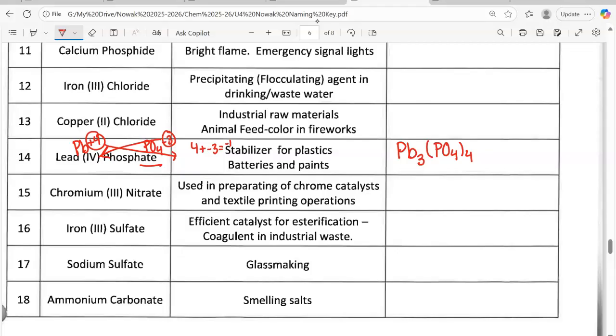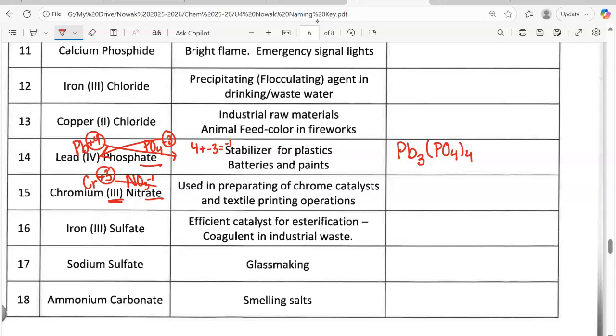Let's do another one. Chromium is Cr on our periodic table. This is telling me it has a +3 charge. Nitrate ends in ATE, not IDE, so that means it is a polyatomic ion. Nitrate is NO3 -1. +3 minus 1 gives me +2, so this is not balanced.